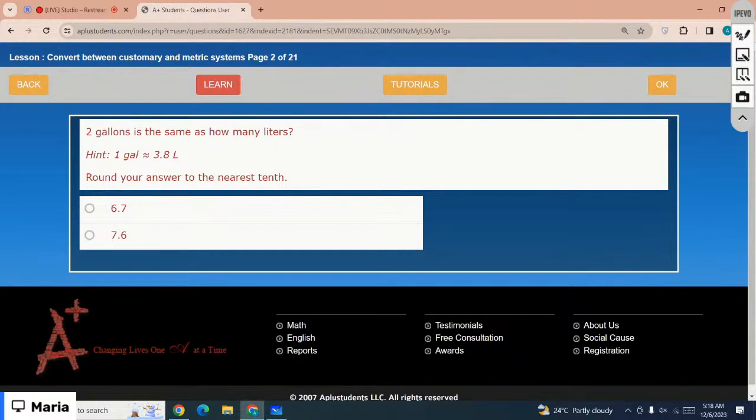Yes, it is 7.6. The correct option is 7.6. You need to do 2 times 3.8. That equals 7.6.